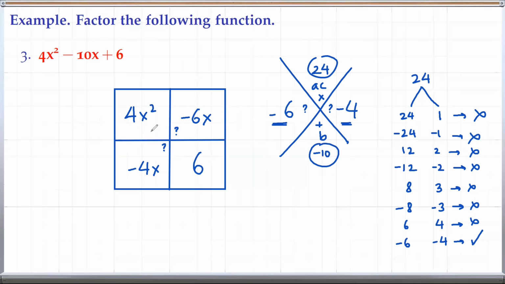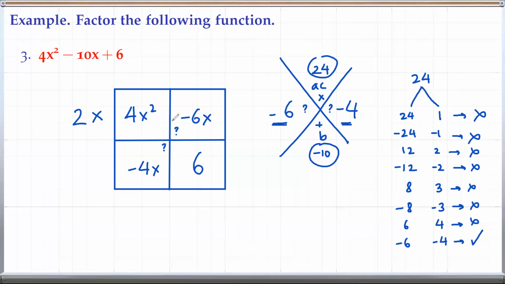All right, so now we can look at the first row between 4x squared and -6x. What is the highest common factor? Between 4 and -6, we have 2. Between x squared and x, we have x. So 2x is the highest common factor between these two.